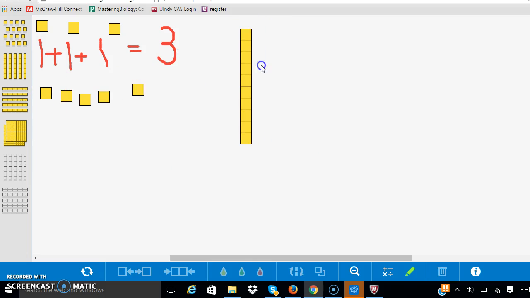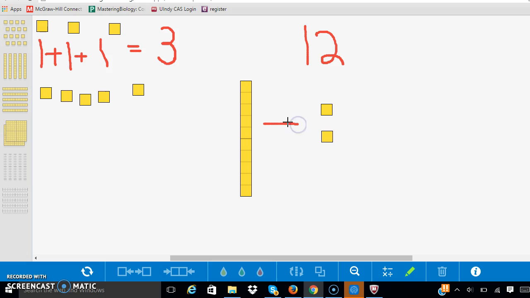So this would be 10, but let's see the number 12. If this is 10, we'd have to add 2 blocks to equal 12. So we could say a rod plus 2 units equals 12.